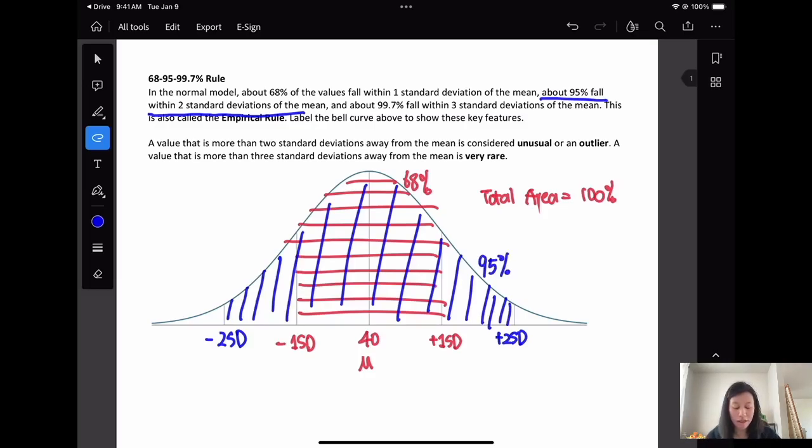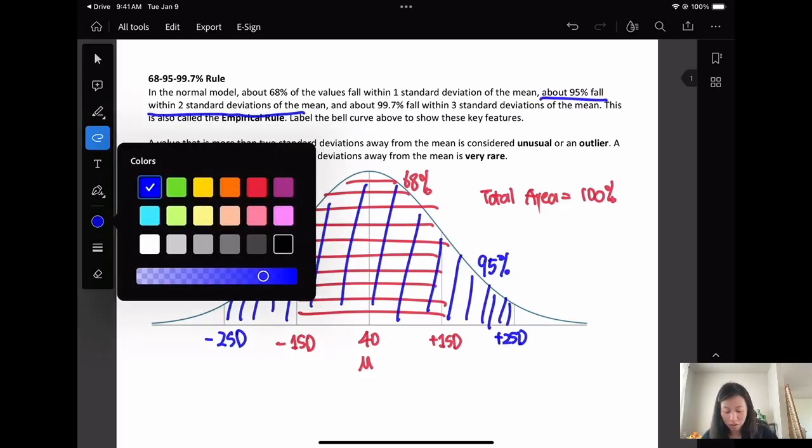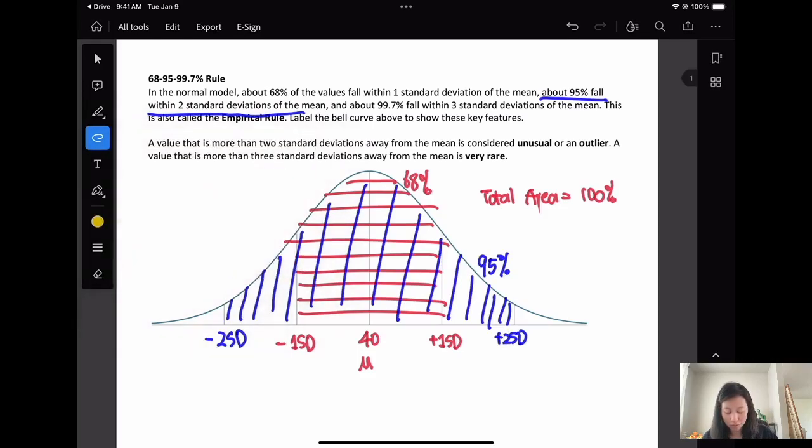And lastly, it says about 99.7% falls within 3 standard deviations of the mean. Similar idea, we use an orange one. Let's say this is 3 standard deviations. No, this side should be subtract, and this side should be add. So 99.7% of the data is going to be in this area.